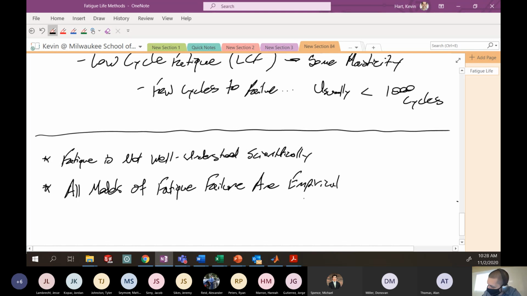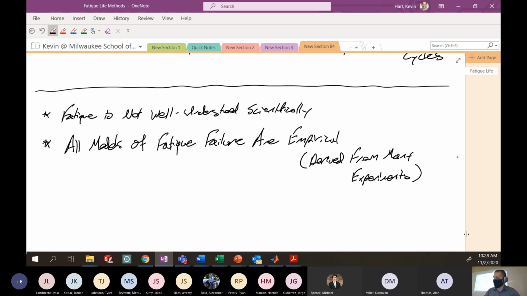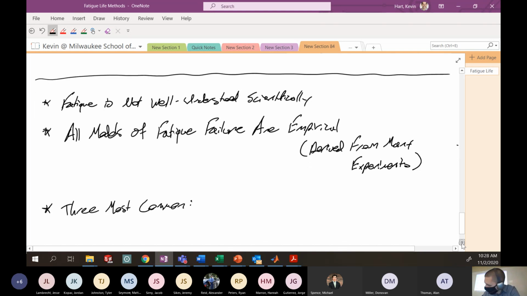Empirical. What I mean by empirical is that they're derived from experiment. That's what it means to be an empirical formulation. All right. The three most common are the following.